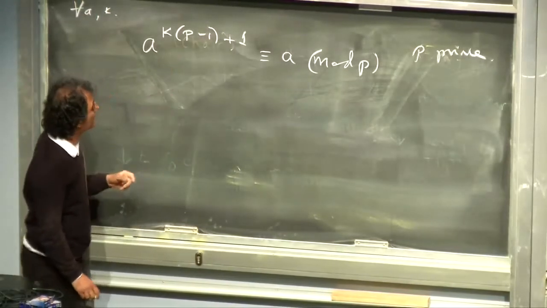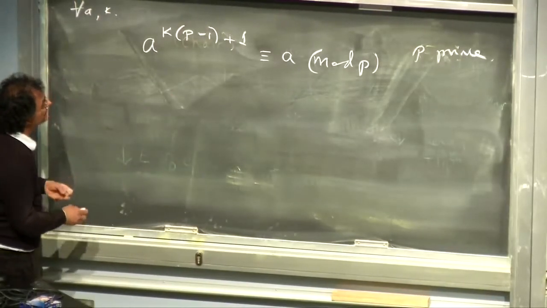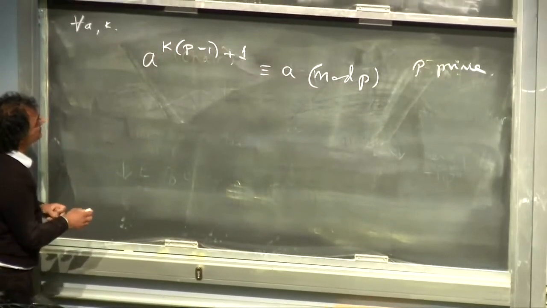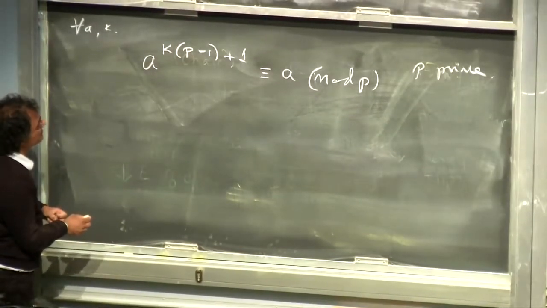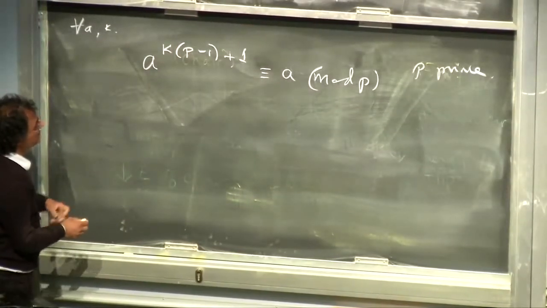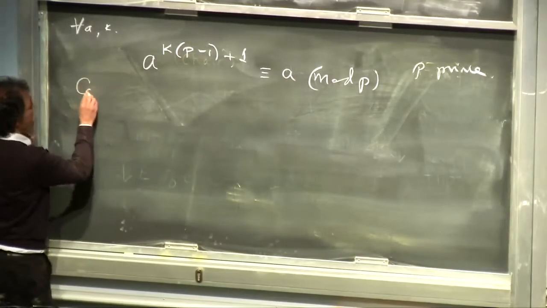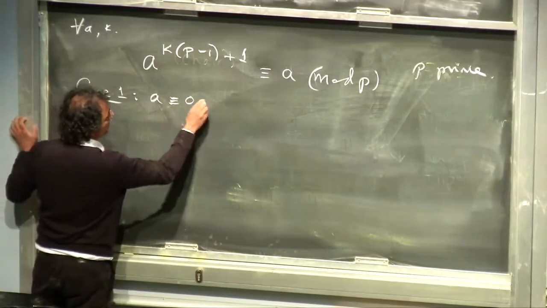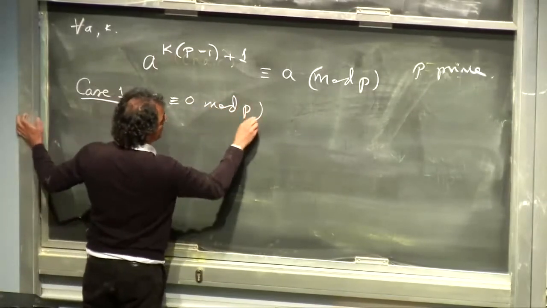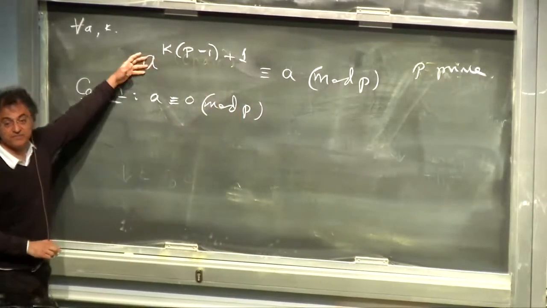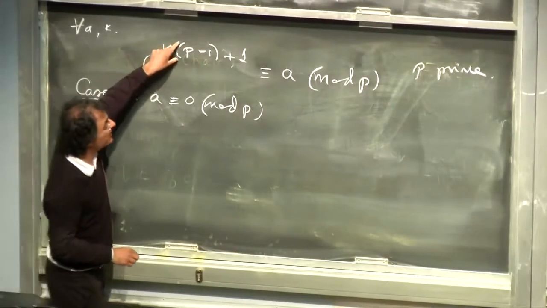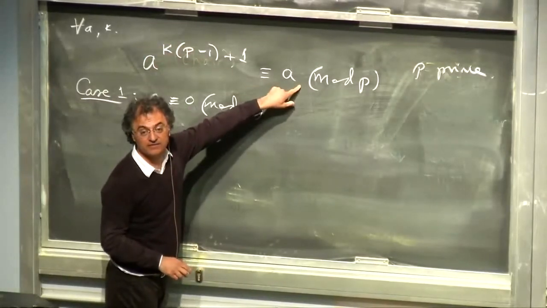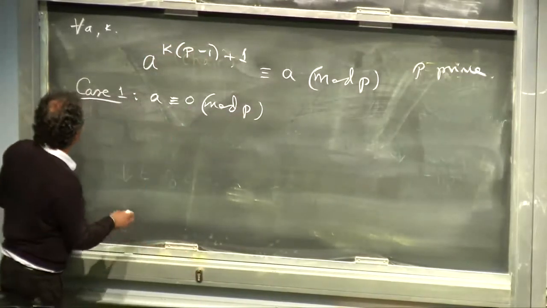First of all, there are two cases. Case 1: a is congruent to 0 mod p. Then do you believe this claim? 0 raised to the power of anything is 0. Yeah? Okay.